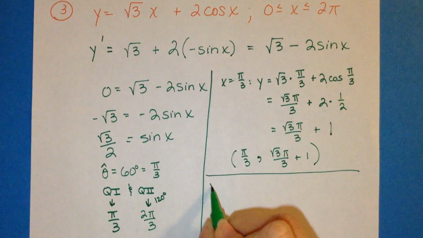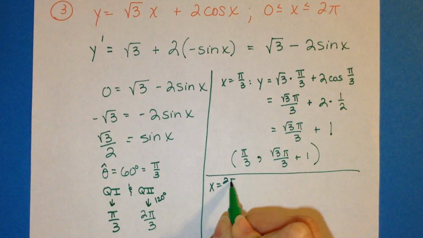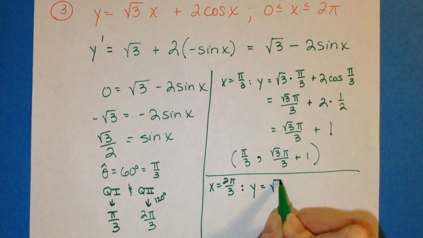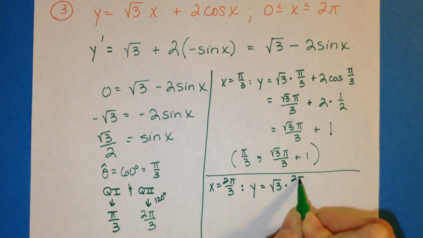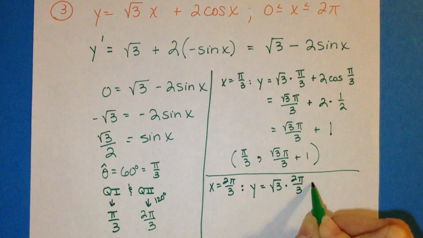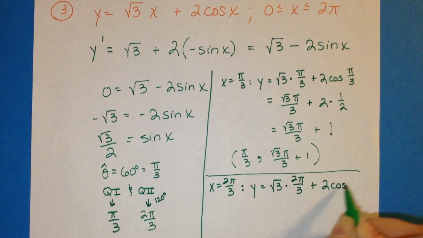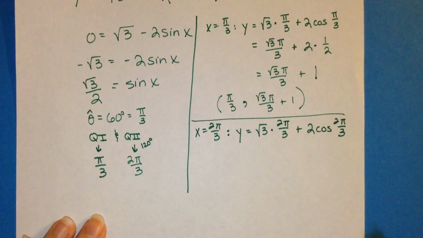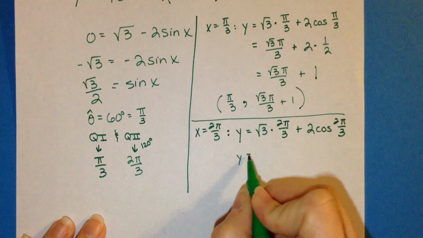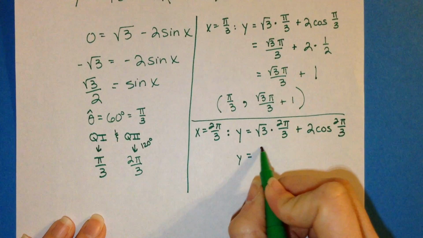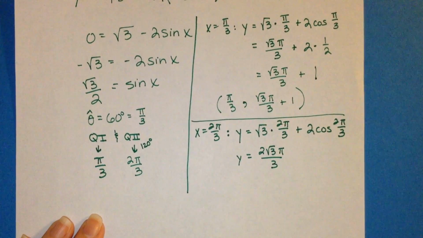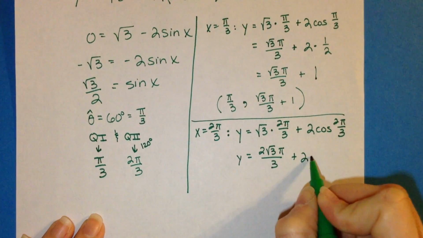Okay, now we need to do the same thing with the 2 pi over 3. So substituting this in. Okay, so this would be 2 square root 3 pi over 3 plus 2 times.